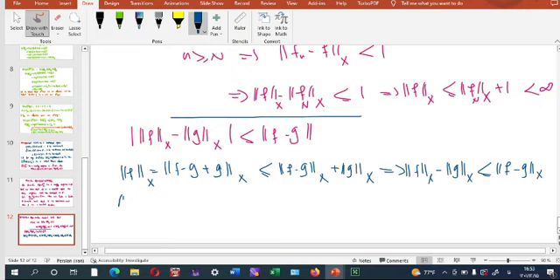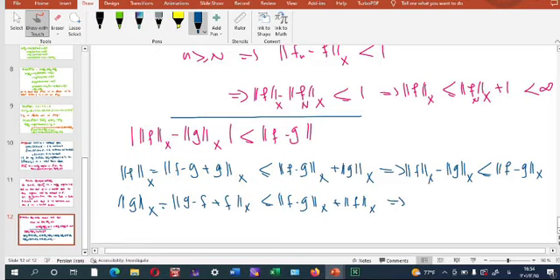Similarly, the norm of g equals the norm of g minus f plus f, and this is less than or equal to this norm plus the norm of f, and so the norm of g minus the norm of f is less than or equal to this again. And this shows that the absolute value of this is less than this.